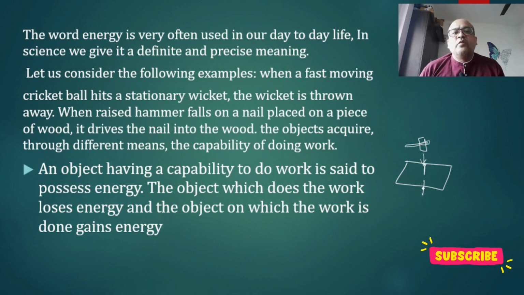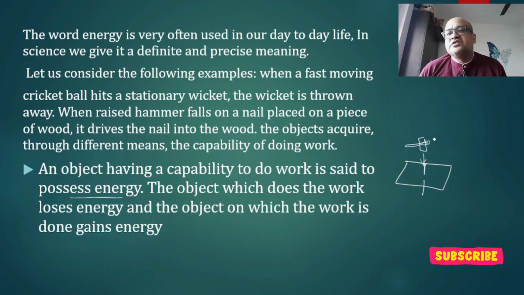The object acquires through different means the capability of doing work, right? What happens is that the object acquires the capacity of doing the work. So what can we define about energy? An object having the capability to do work is said to possess energy.